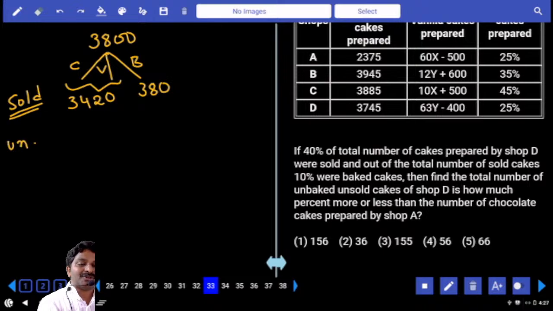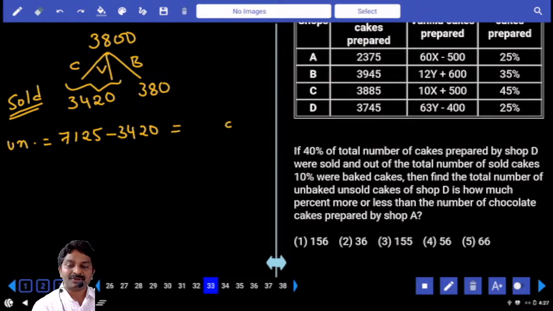Then unsold are 7,125 minus sold items, which is 3,420. Last 2 digits 05, first 2 digits 37. So 3705 are unsold, unbaked, meaning chocolate and vanilla both together.